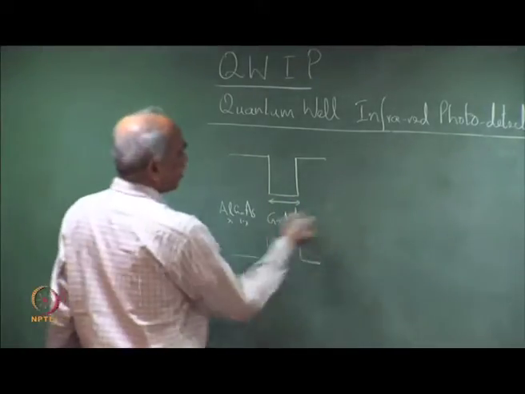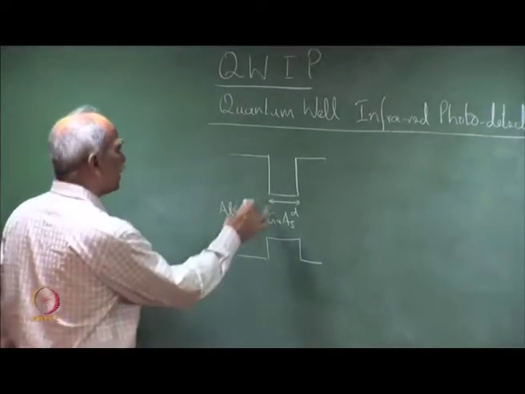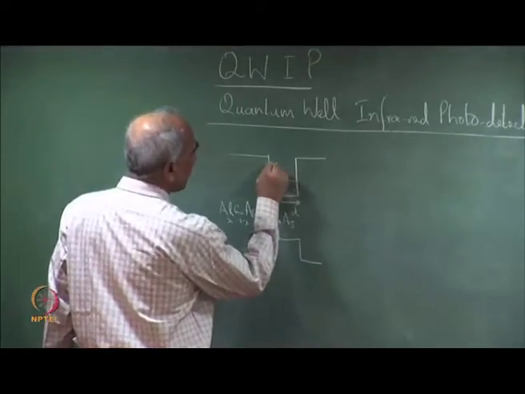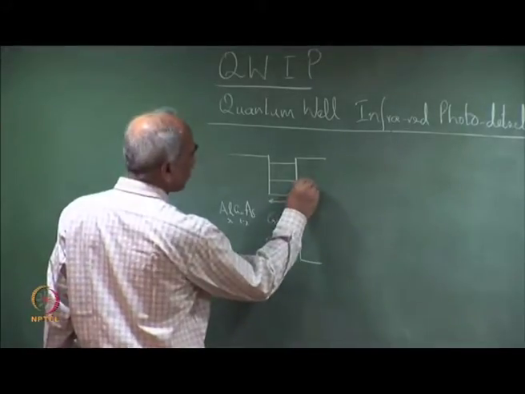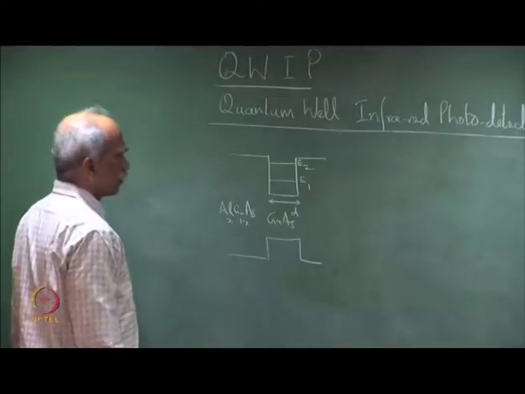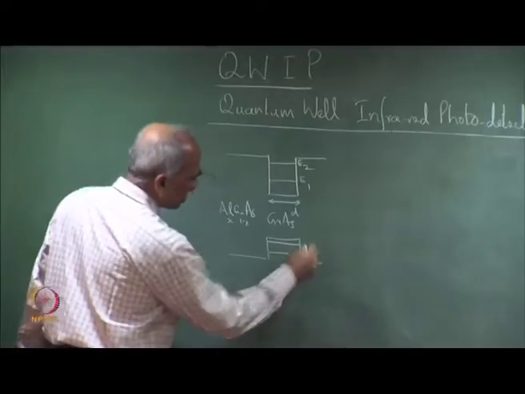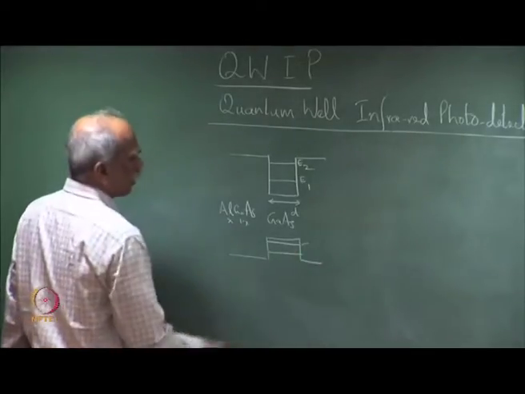When d is smaller than or comparable to the de Broglie wavelength, then the energy levels are quantized and we have allowed energy levels here, which correspond to energy subbands. So, E1 and E2, and we also have similarly energy subbands or discrete levels in 2 dimensions.